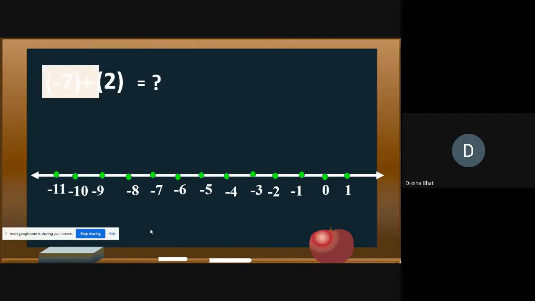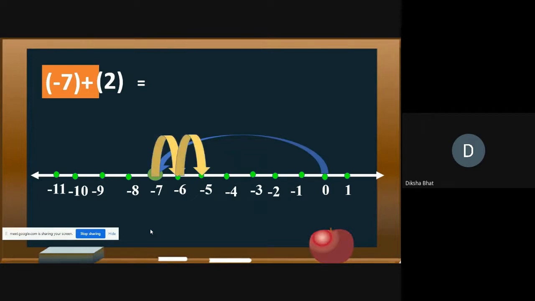First, we will move to the left of 0, 7 units to the left of 0. And since it is positive 2, we will come to the right side of negative 7. 2 steps. 1, 2. So what will be the answer? -5. Yes, correct.